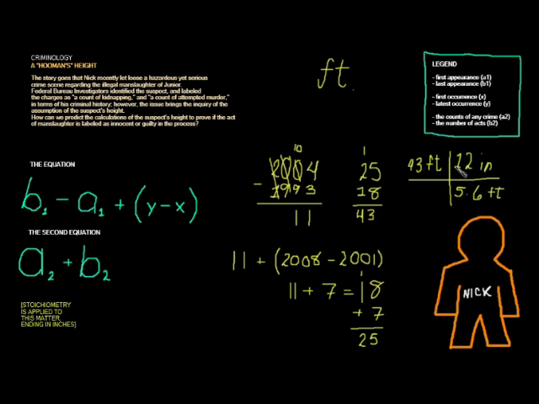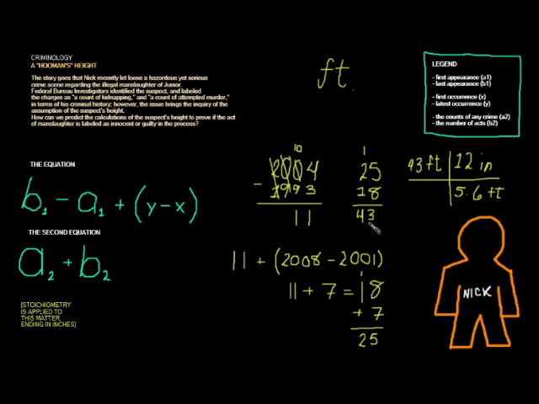So now we got to do what's called stoichiometry here. So we're going to multiply this and we're going to divide this. So here we go with this one. We got 43 times 12, if you will, and we're going to divide that whole thing by 5.6.